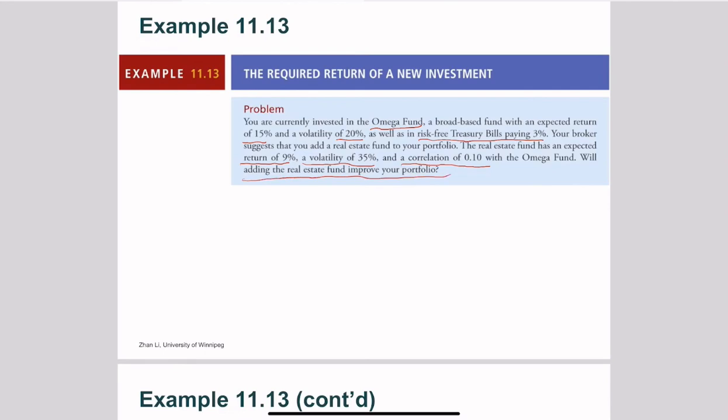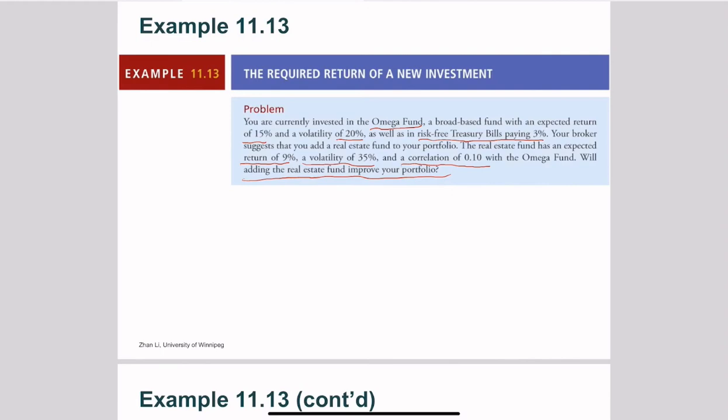So this is about portfolio improvement. And we just learned to answer this, you want to compare expected return of investment I versus its required return. Here, which one is investment I? Well, it's the real estate fund, right? So here you want to think about the expected return of the real estate fund versus its required return.